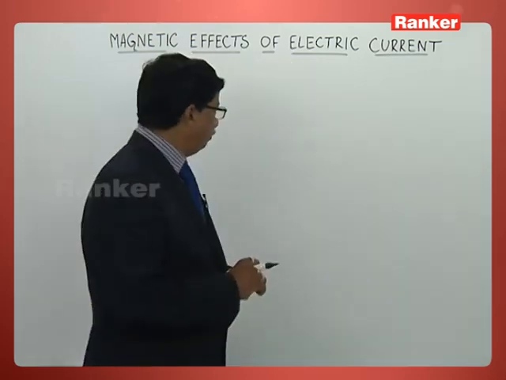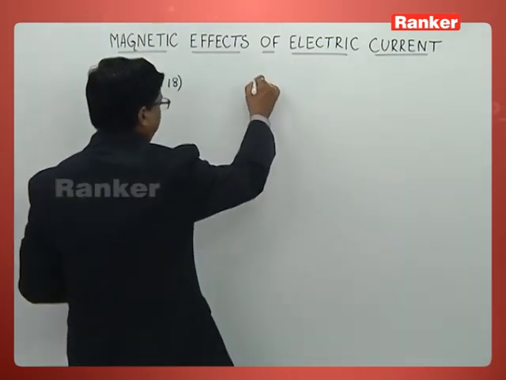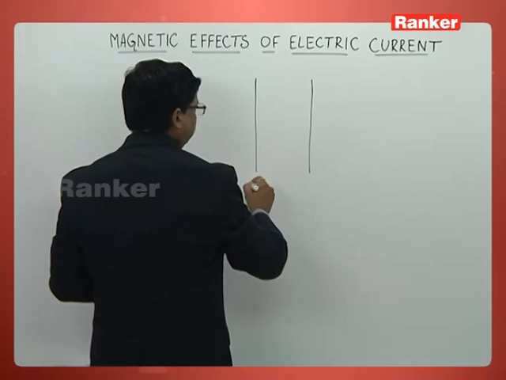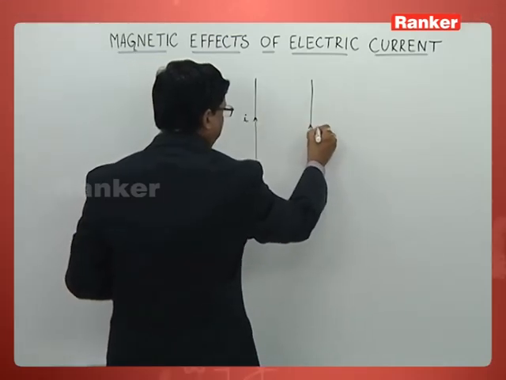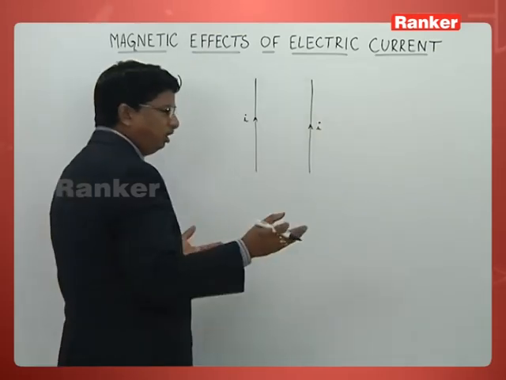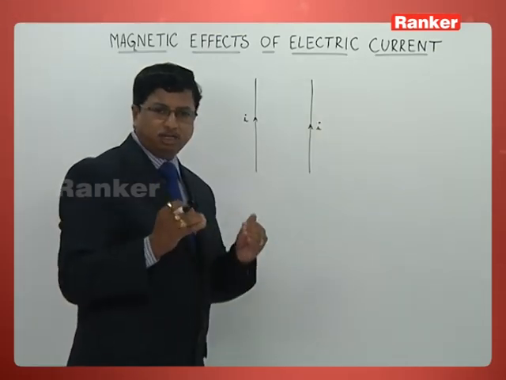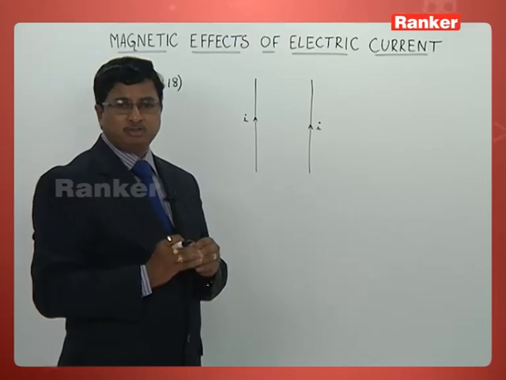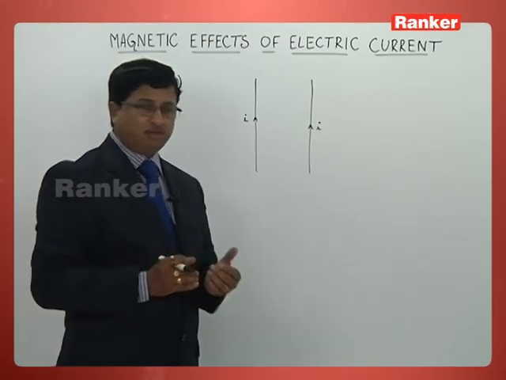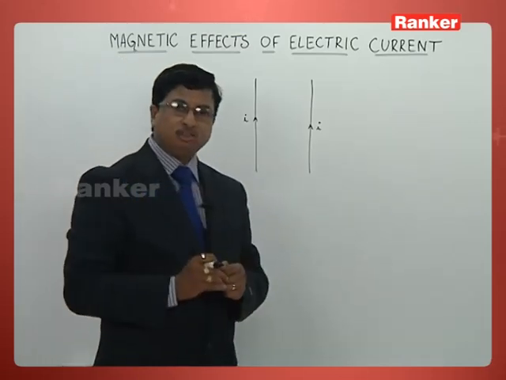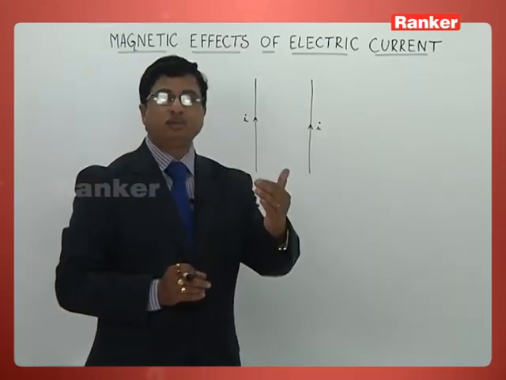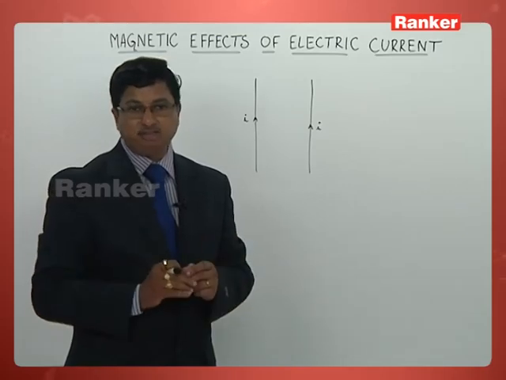Let us first of all check here two straight parallel current carrying conductors. They are now carrying the same amount of current. He did not mention whether they are in the same direction or in opposite directions. No worry. Because if the directions are same, the force will be attractive by nature. If the directions are opposite, force will be repulsive by nature.